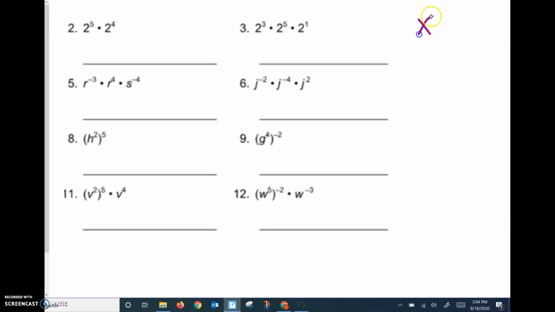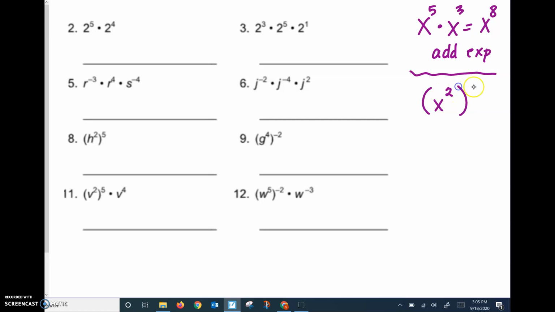So if we had something like x to the fifth times x to the third, we are going to add our exponents and get x to the eighth. So we add exponents. Okay, then the other situation that we had on Friday is where we had x to the second, and then we took that whole quantity to the sixth power.